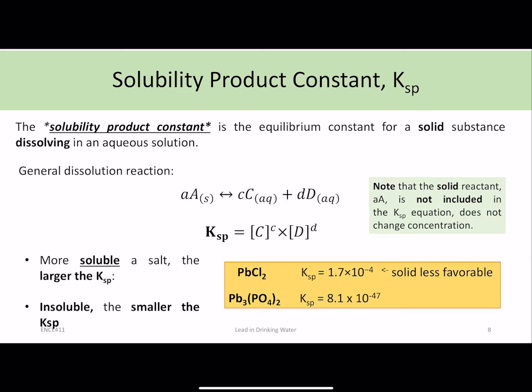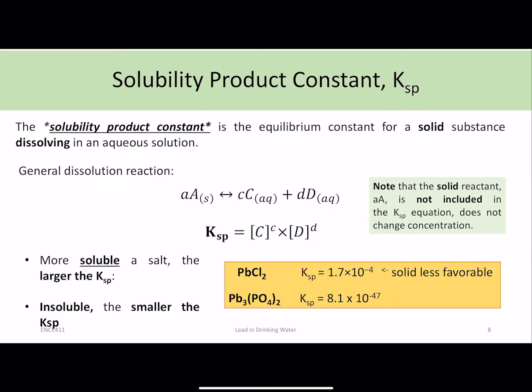So by looking at the solubility product of a compound, you can know if this compound is soluble in water or not soluble in water. When you have a large constant, then the compound is soluble. But if you have a very small constant, it's not soluble. So for example, we have two compounds here: lead chloride and lead phosphate.